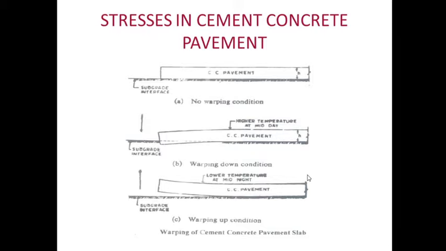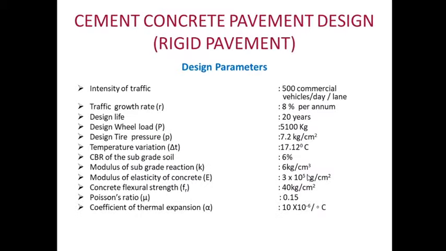Then we can discuss the design parameters which are considered for the design of rigid pavement, the cement concrete road. The main parameter considered for design of flexible or rigid pavement is traffic intensity, that is traffic volume or traffic density, and another is the CBR of the subgrade soil.